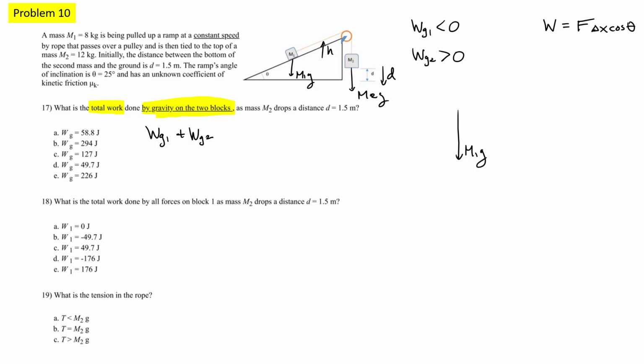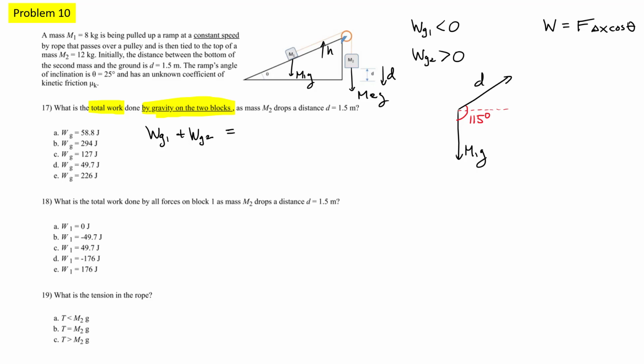My displacement now is going to be a distance d that way. Now the angle theta that goes into the equation is this angle here. So which angle is that? Well, the ramp makes an angle of 25 degrees, which means that this angle right here is actually 115 degrees. So this is how you write down the work done by the first one.